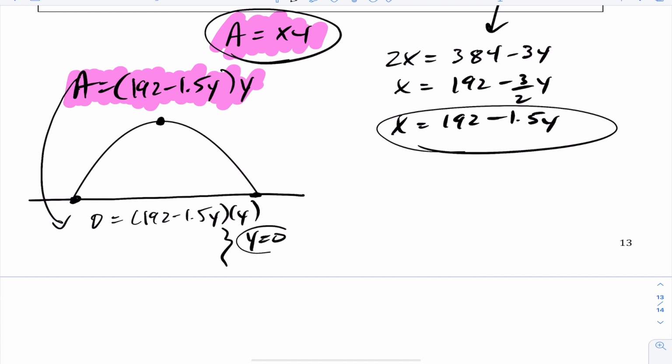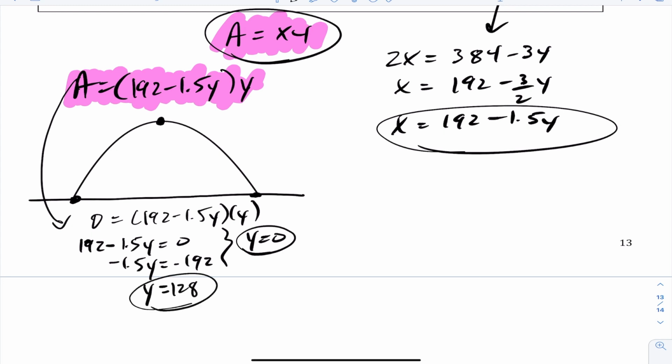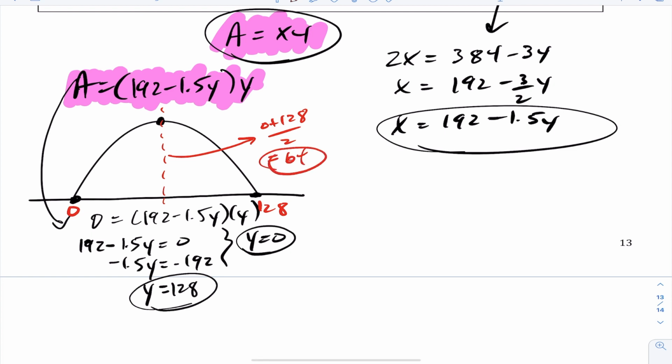Either y is 0, or 192 minus 1.5y is 0, or minus 1.5y equals minus 192, or y equals 128. So there's 2 values here, 0 and 128. So that max happens exactly in the middle, and that middle is 0 plus 128 divided by 2, which is 64.